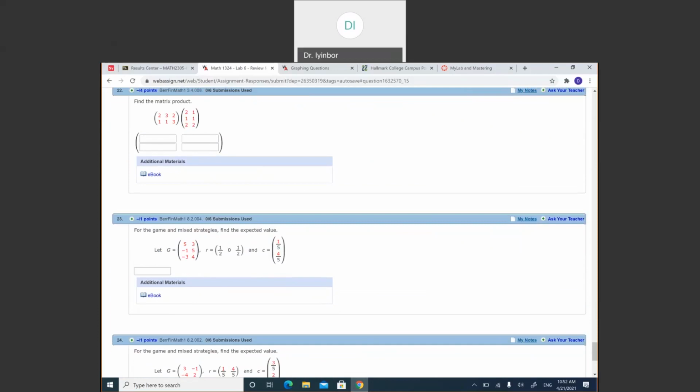And this is how you multiply matrices. So this is how you do it. You multiply row by column. So multiply the first row by the first column. And you go number by number. So you multiply 2 times 2 plus 3 times 1 plus 2 times 2. When I calculate that, that's going to be the first number here.